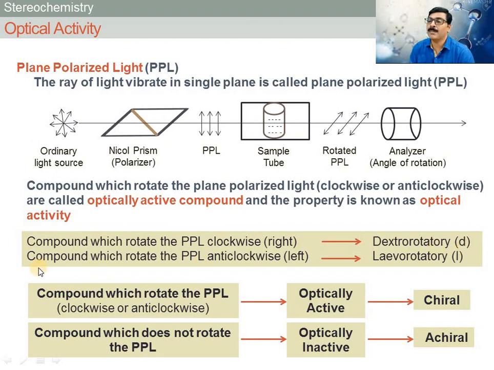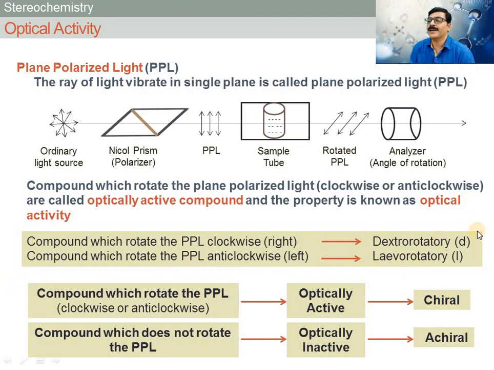And if the compound rotates plane polarized light anti-clockwise, that is in the left direction, then such a compound is levorotatory, and it is represented by the symbol small l.